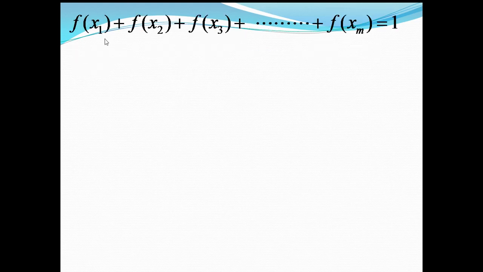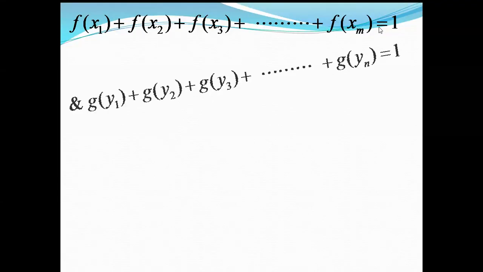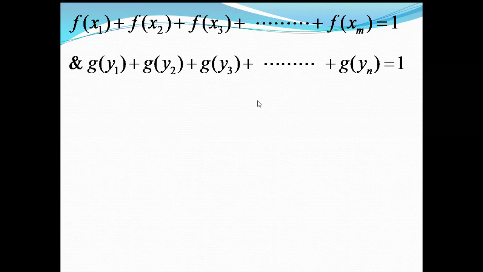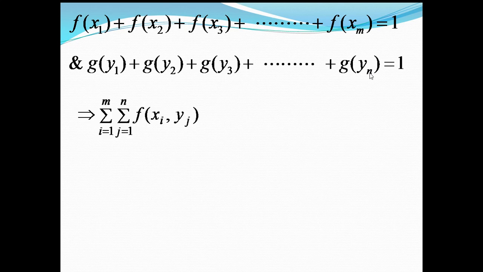Also, it should be noted that f of x1 plus f of x2 plus f of x3 so on, f of xm is equal to 1. Already I explained this in the joint distribution table itself. And g of y1 plus g of y2 plus g of y3 so on, g of yn is equal to 1. Equivalently, we can write this as the summation of i equal to 1 to m, summation j equal to 1 to n, f of xi yj.